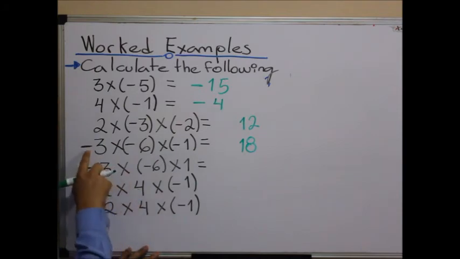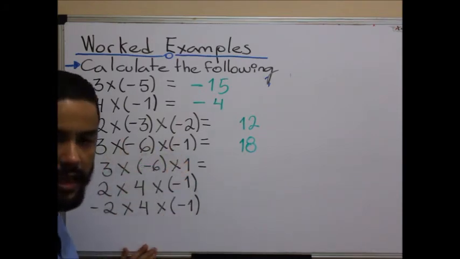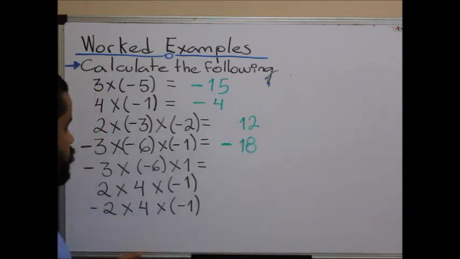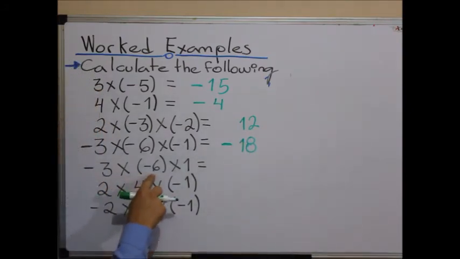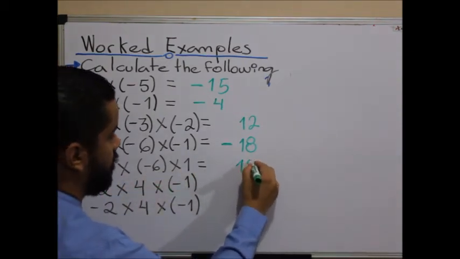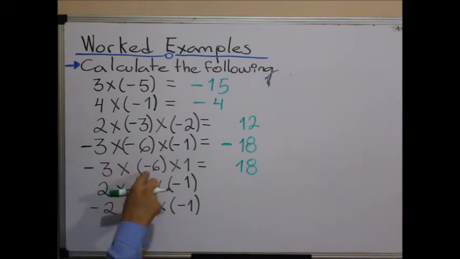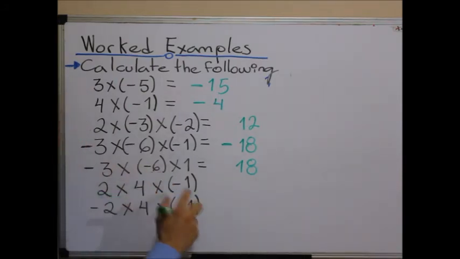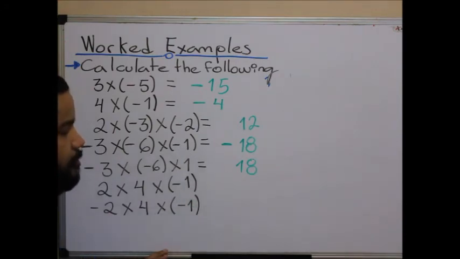Now we're having here 1, 2, 3 negatives, so our solution will be negative. The next one, negative 3 times negative 6 times 1, so we're going to multiply just the numbers. 3 times 6 times 1 will be 18. Now how many negative signs do we have? We're having 1, 2, so our solution will be positive.